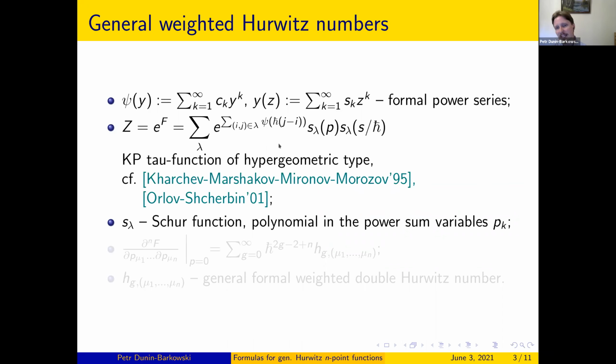So how does it depend on our power series psi and y? Psi plays a role here. We plug h bar times (j minus i) here, where j minus i is what's called the content of the box (i,j) in the Young diagram lambda, and we plug it into the formal series psi.